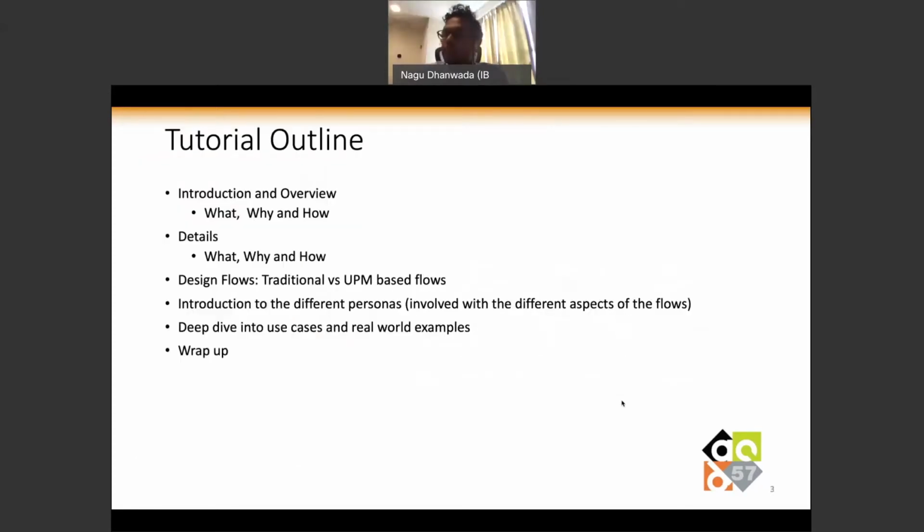So in this tutorial, our goal is for the participant to get a fair overview of what the UPM/2416 IEEE 2416 standard is about, and how it can be used in several aspects of the design flow.